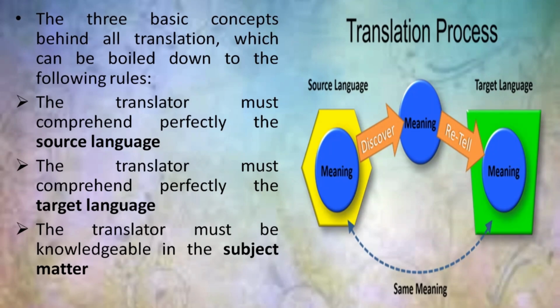Next, the translator should comprehend perfectly the target language. So, the person who is translating should know the target language well also. The translator must be knowledgeable in the subject matter. So whatever content has been given which needs to be translated should be understood well by the translator.